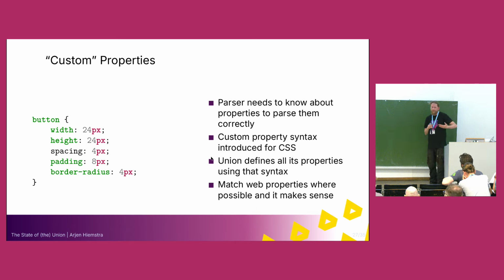It would mean that you first load one CSS file that just defines all the properties that we need, and then with that it can parse all the rest. And that turned out to actually work really well. I think it's a lot more flexible than having to worry about designing an API to define properties in the parser before loading a CSS file.